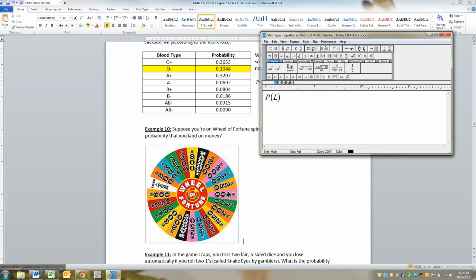So the probability of landing on money would be equal to 1 minus the probability of not getting money. And we already found that way back up above, and it was 3 out of the 24 spaces are not money, the bankrupts and the lose a turn, which gives us a grand total of 21 out of 24.